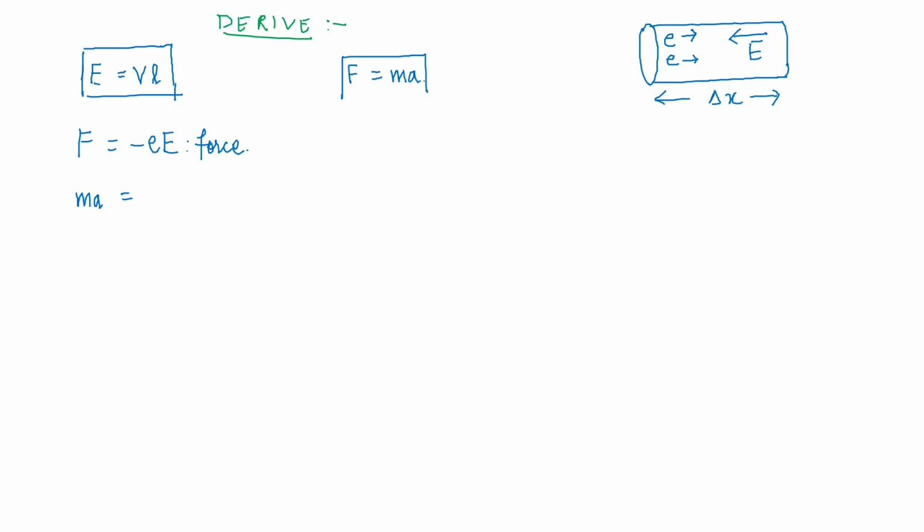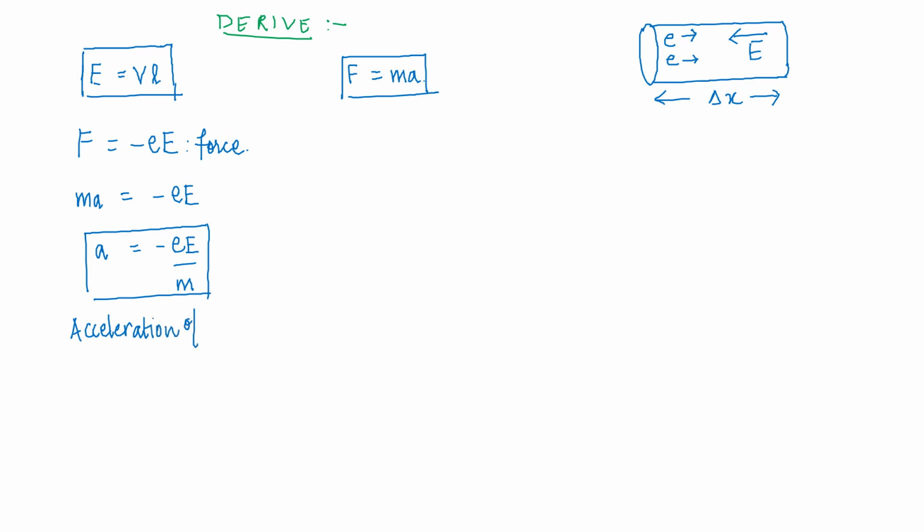So from this we have taken mass into acceleration equals e into E. Now from this equation we see that the acceleration's value is coming as minus e E upon m. This is how we have defined the formula for acceleration of electrons in our case.